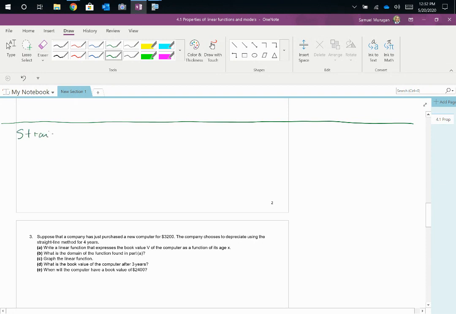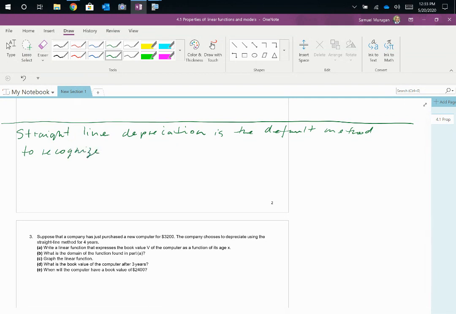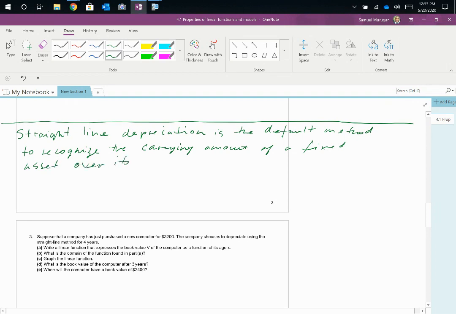Straight line depreciation is the default method to recognize the carrying amount of a fixed asset over its useful life.